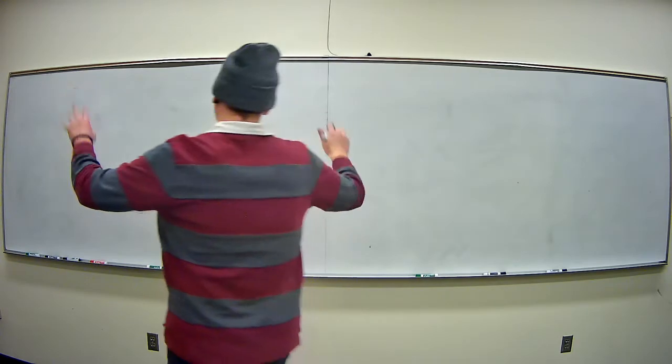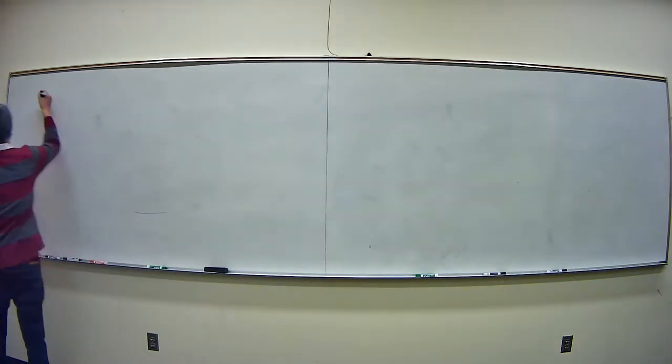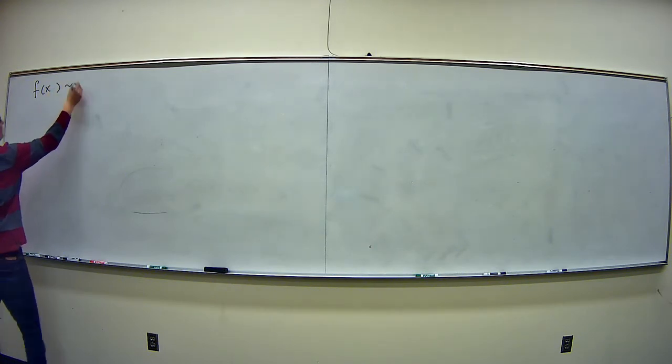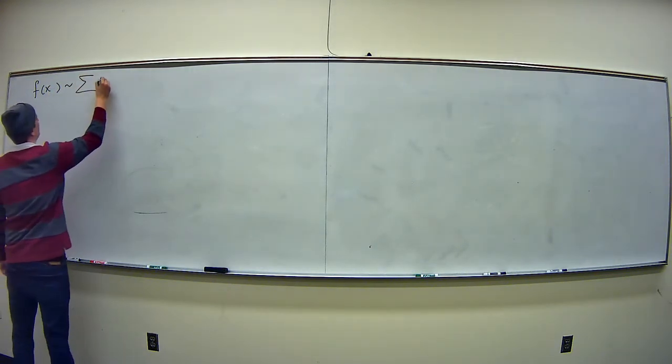Okay, so that's really it. The fundamental theorem of asymptotics is this: any function, I can write this down, and I can assign meaning to it then.